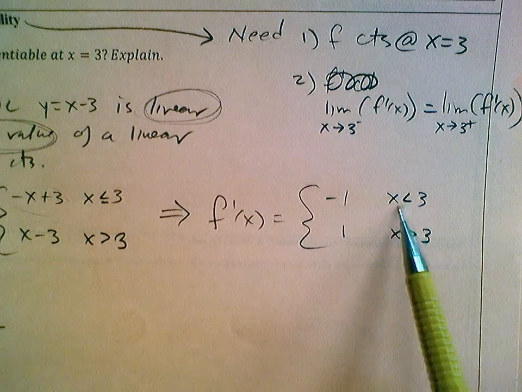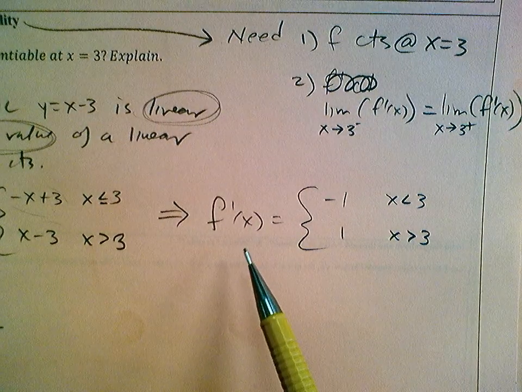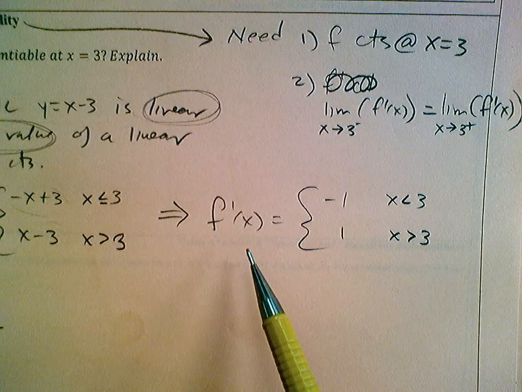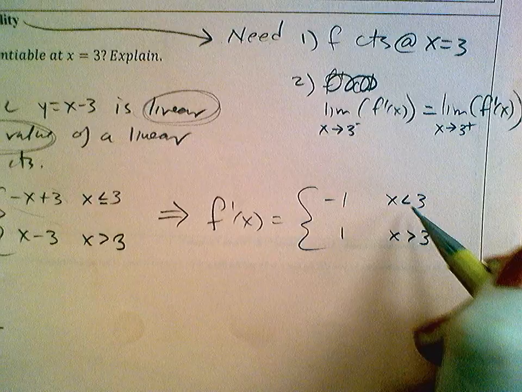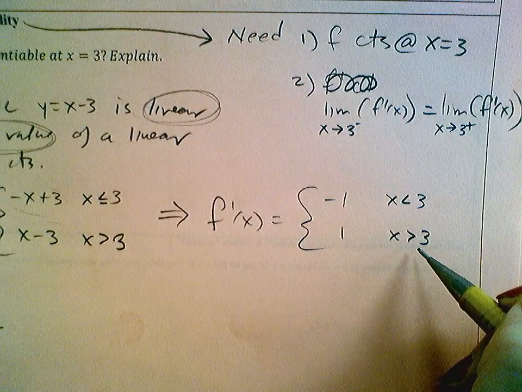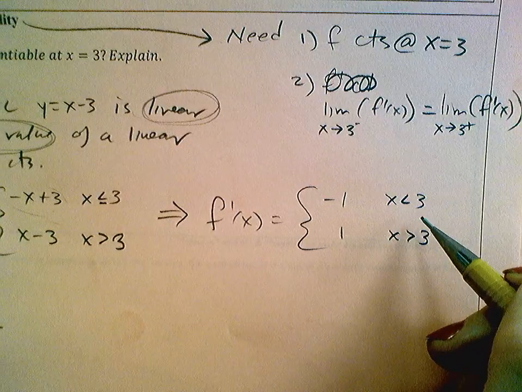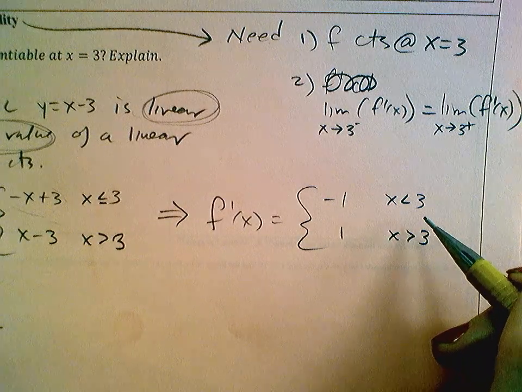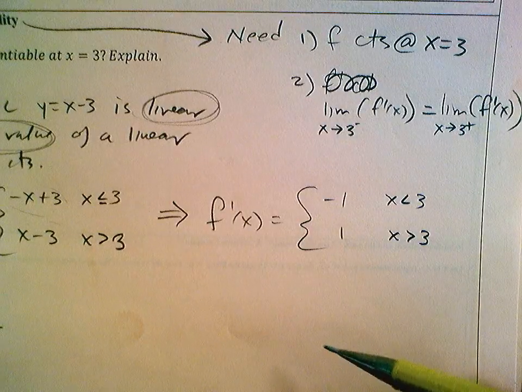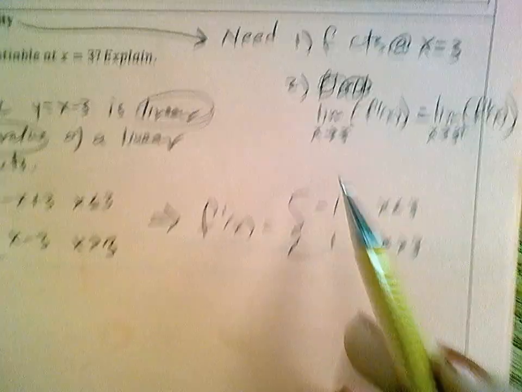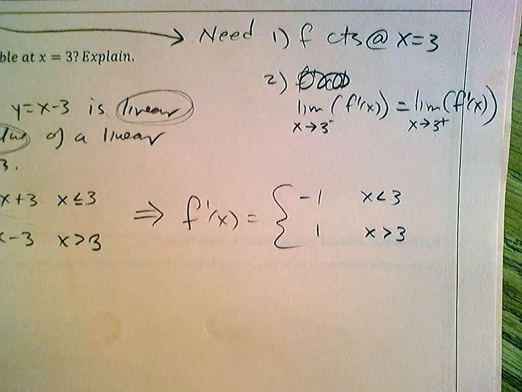Notice I dropped the or equal to, because if the derivative does not exist here, meaning the function's not differentiable here, then I wouldn't want an or equal to, because the derivative wouldn't be equal to anything at an input of 3. If I find out in a minute that these limits are equal, then I could put the or equal back there if I want to.